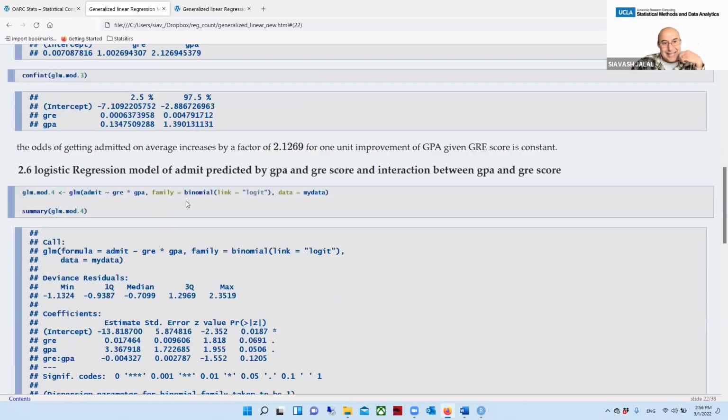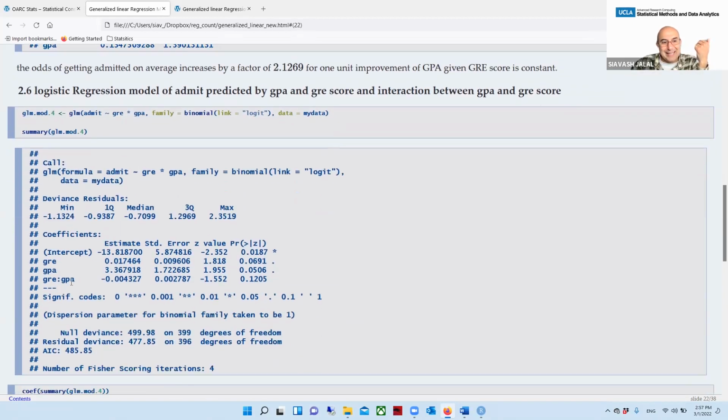Now, let's see if we have the same model but with an interaction between GRE and GPA. This is the model that has GRE and GPA, but we interact GRE and GPA. So in R, if you want to include an interaction, you just need to multiply those variables by each other.